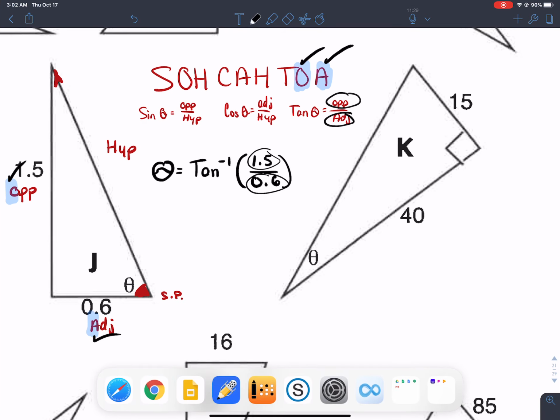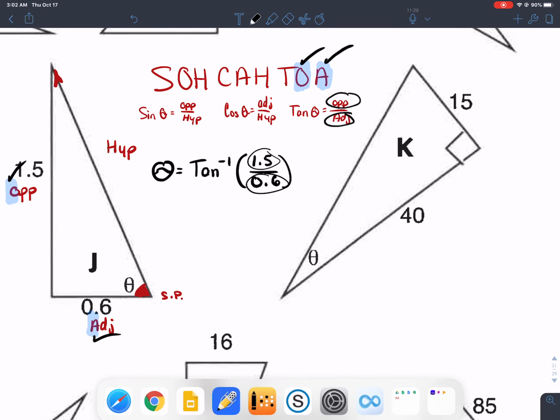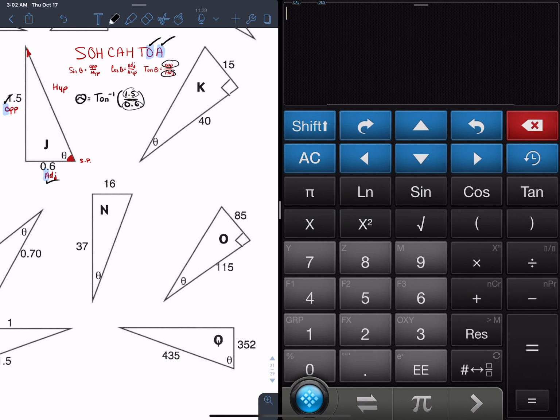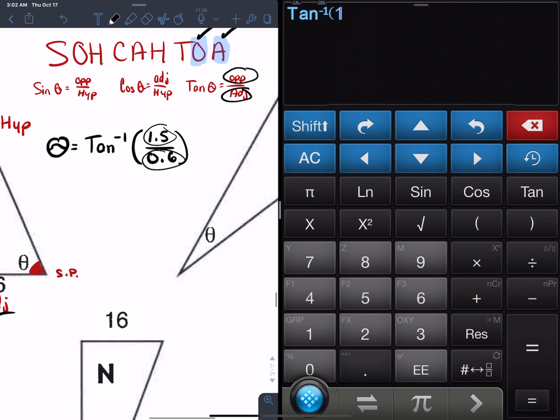So calculator time. We'll start this up and clear that off. We're going to go shift or second button. Tan -1 is what should be on your calculator. Inverse tangent. We'll have 1.5 divided by 0.6. Hit enter.